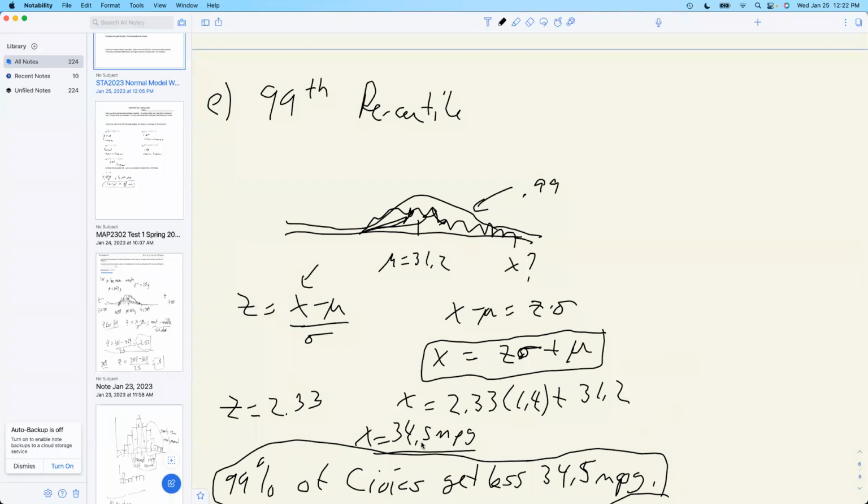Interpreting a percentile is not saying, oh, 34.5 is the 99th percentile. What's that mean? It means 99% of your population is below that, or equivalently, 1% above. So the interpretation here is 99% of Civics get less than 34.5 miles per gallon.